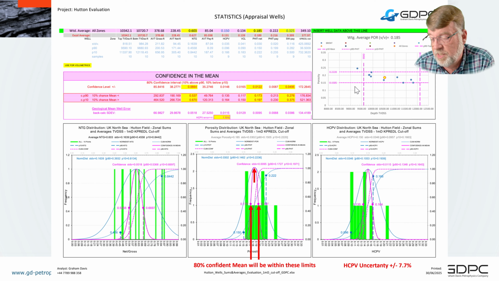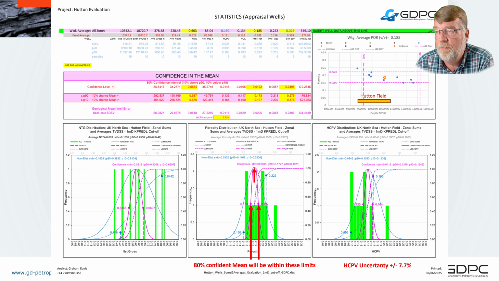And so the spreadsheet will produce a number of QC cross plots that you can graphically check. But I know, because I checked, that the Hutton field itself is mainly in over this depth range, and so therefore this appraisal set has got a couple of deep wells in it that may or may not be representative.